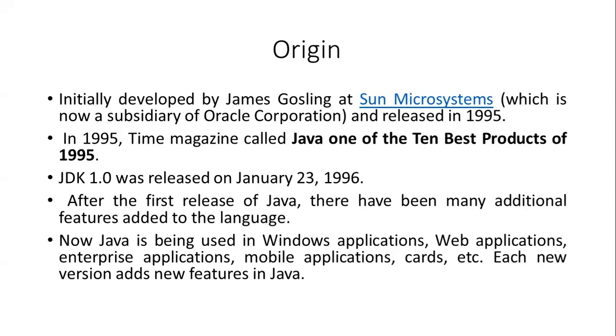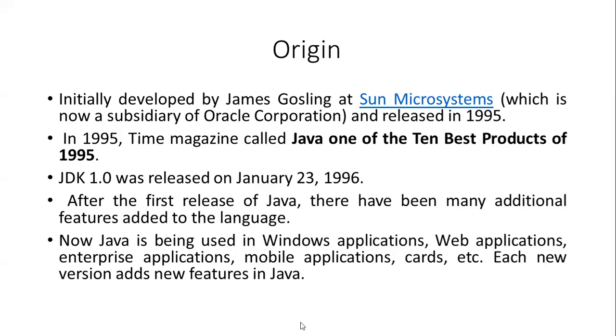Java was initially developed by James Gosling at Sun Microsystems and released in 1995. It was developed in 1991 but released in 1995. Java was one of the 10 best products of 1995 in Time magazine. JDK 1.0 was released on January 23, 1996.